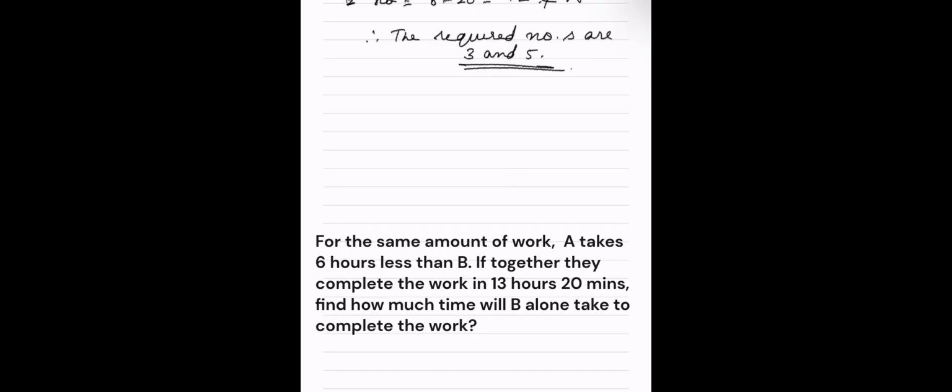Next question is, for the same amount of work, A takes 6 hours less than B. Okay, less than B. If together, A and B together complete the work in 13 hours 20 minutes, find how much time B alone will take to complete the work.